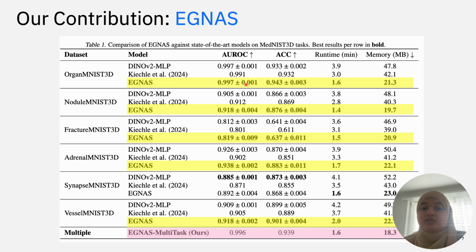But you can also see that in terms of accuracy, it also beats the different state-of-the-art models. And our multitask model, although it's not the best in each of the single tasks, still encompasses a great accuracy for the different tasks, and it's also way smaller than the different models themselves.